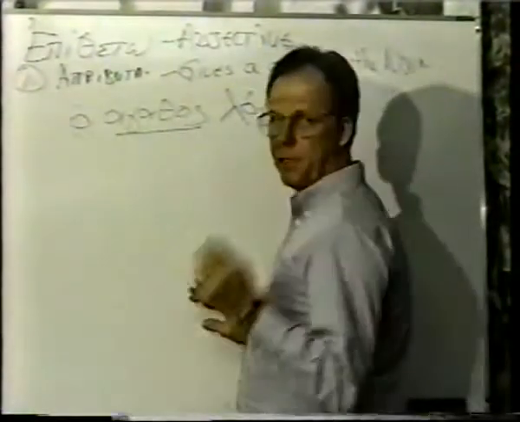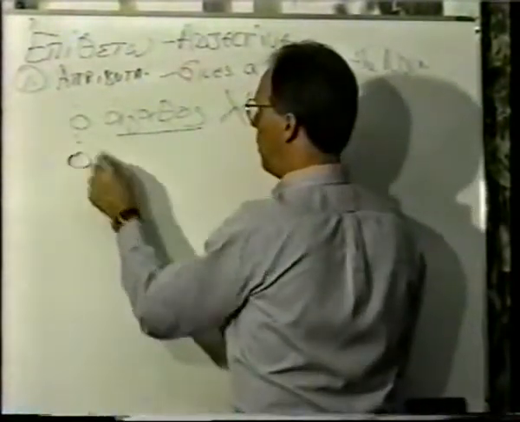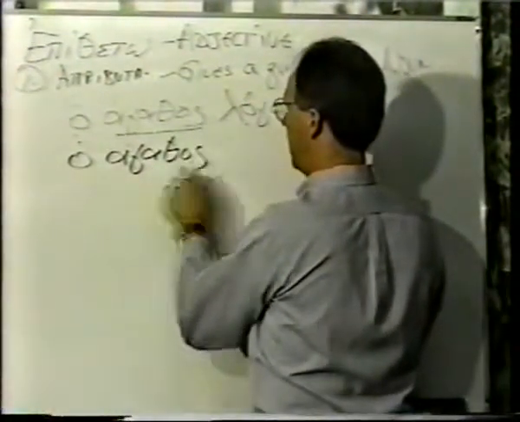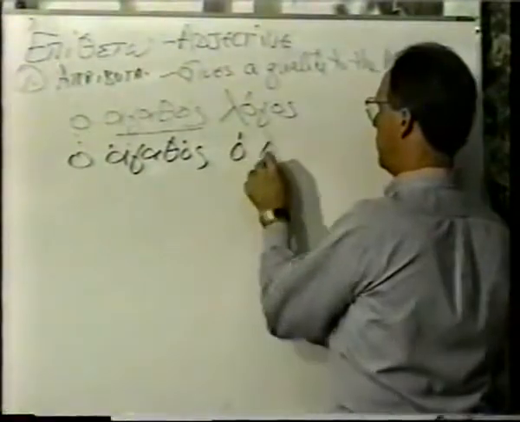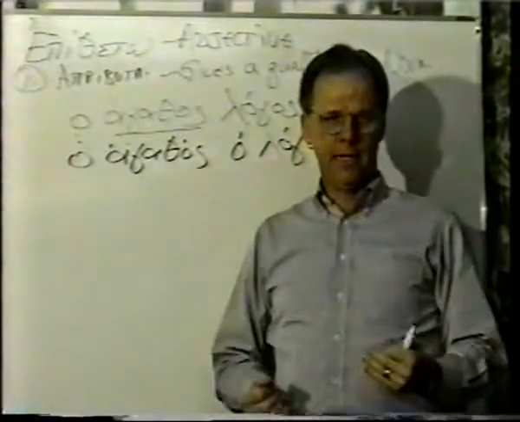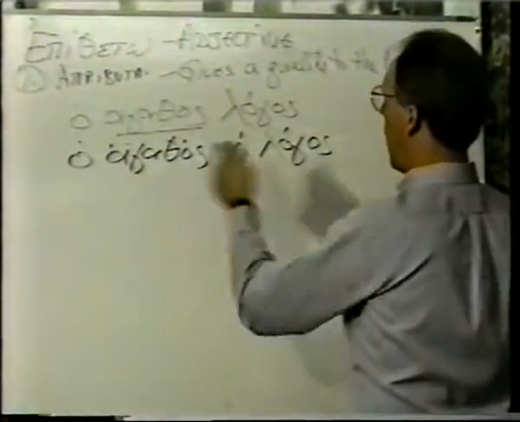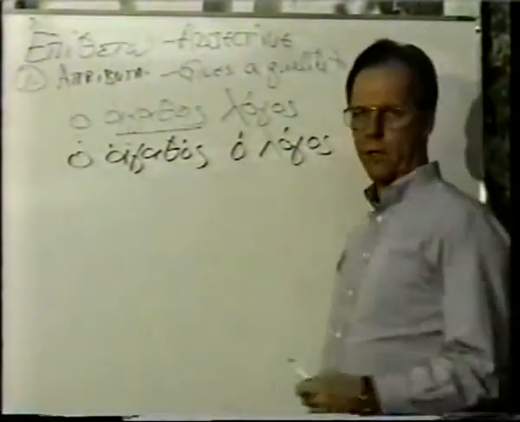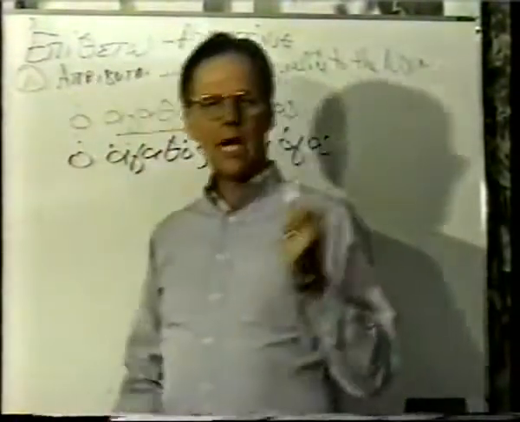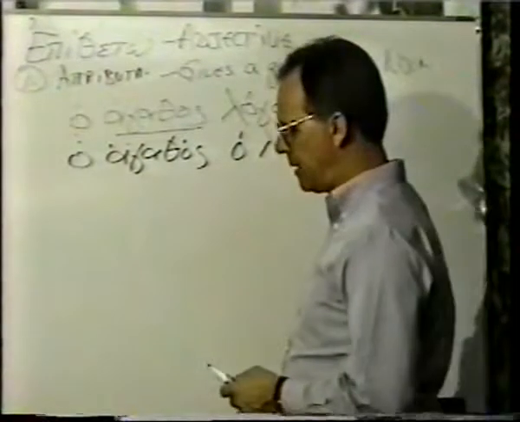Our second rendering or writing of this in this attributive form, we can say, o logos o agathos. What we have done is said the same thing, except we have added again the article, o agathos, the good word. One thing that was always stressed in language study is that every word or every subject must have an article which defines it.